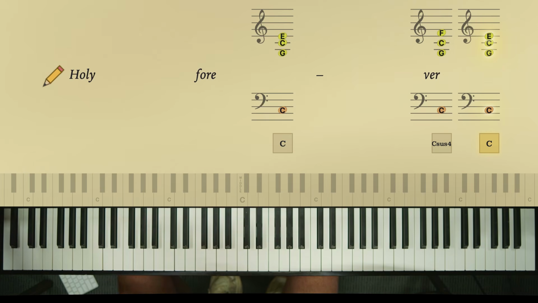Here's the pre-chorus. 1, 2, ready, play. And here's the chorus. All right, 1, 2, ready, go.